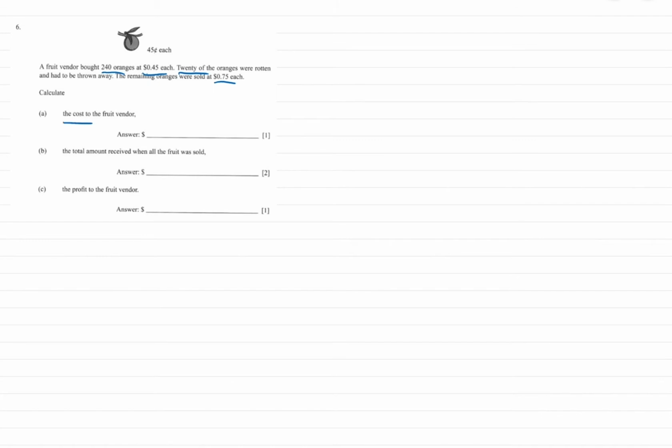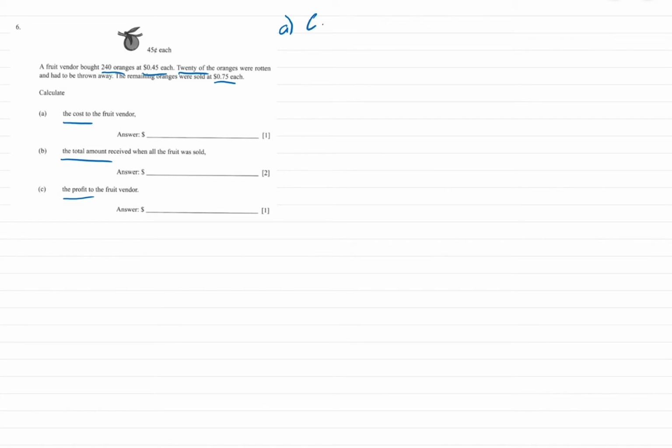So the cost to the fruit vendor, the total amount received after the fruit was sold, and the profit to the fruit vendor. So let's start off with part A. Part A, we're trying to calculate the cost to the fruit vendor. Now, when we're calculating cost, there's two main things that we need to know.